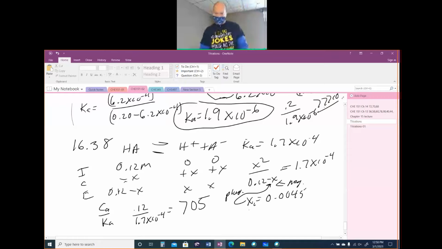So it does change it slightly. All right, and so either we're going to get 0.0044, which is a 90+% chance, but it's possible that it goes back up to 0.0045. So you take your 0.12 minus that answer times 1.7 times 10 to the minus 4 and the square root of that, and you get 0.0044.